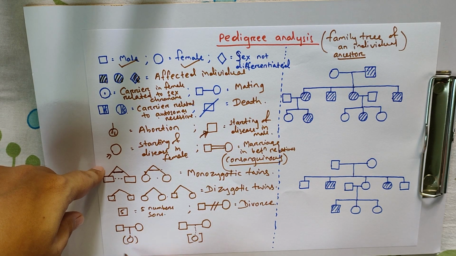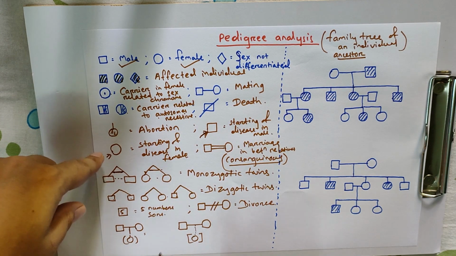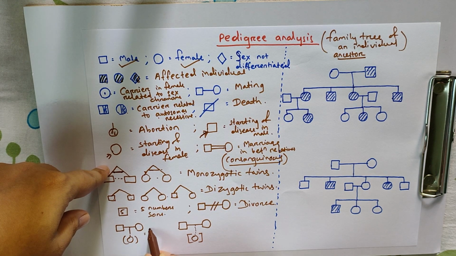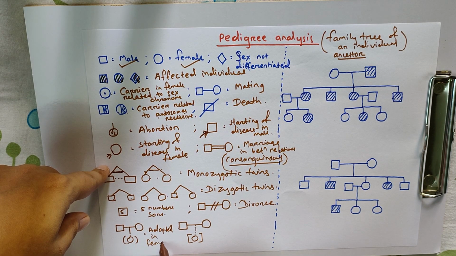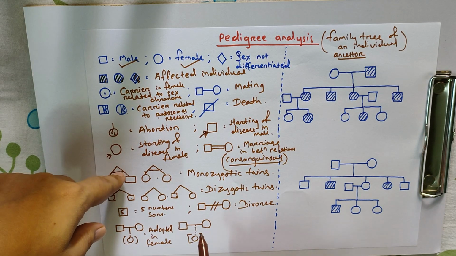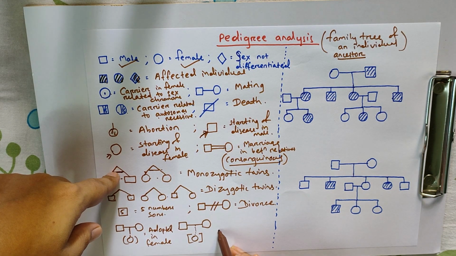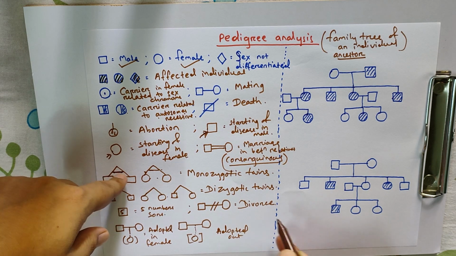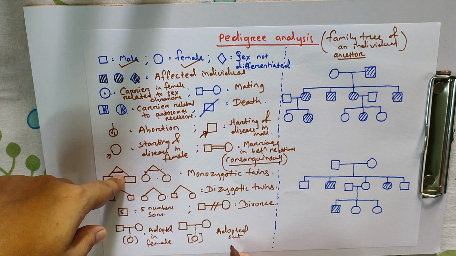This type of symbol represents an adopted child, adopted in female, child adopted. This represents adopted out, in female. This is adopted in and this is adopted out.